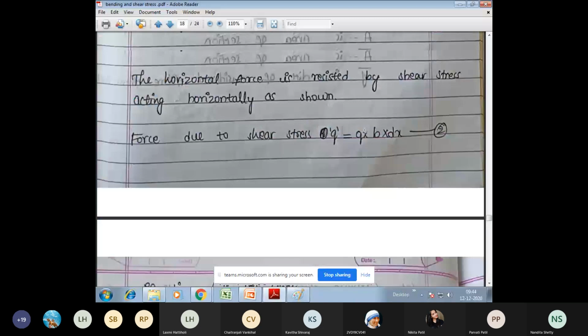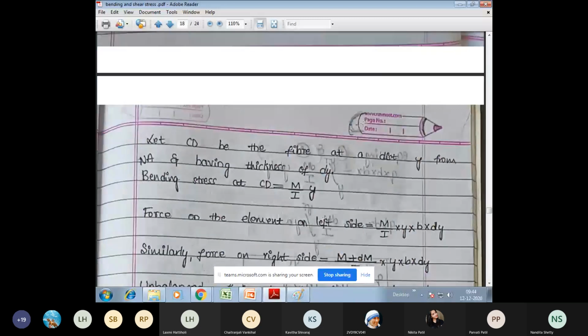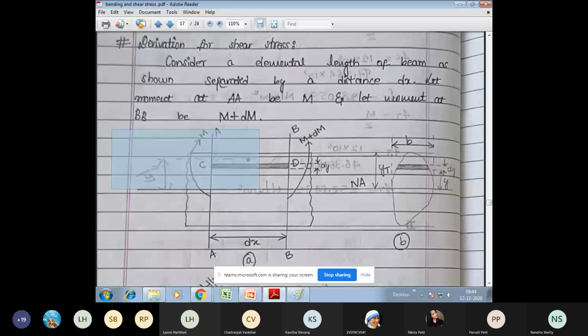Now before I go to the numerical examples, please observe what y bar is in this particular diagram. In this diagram, CD is here, y is the distance from the neutral axis to the bottom of CD, and dy is the depth of CD.